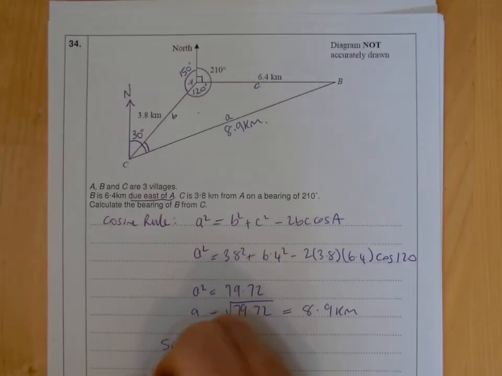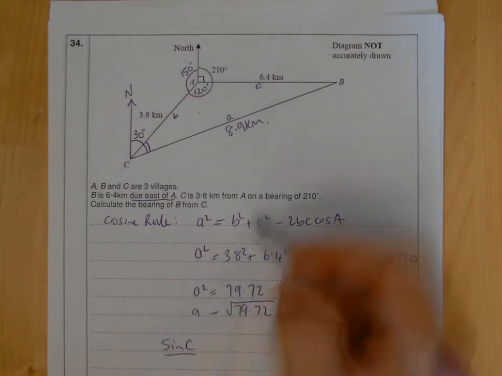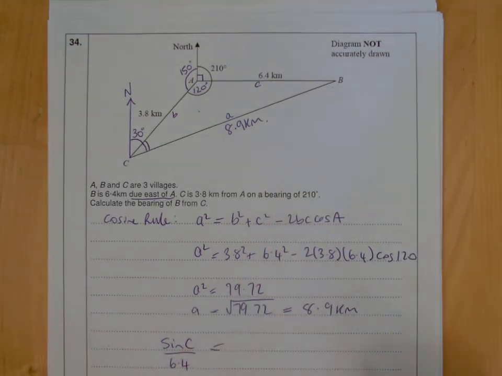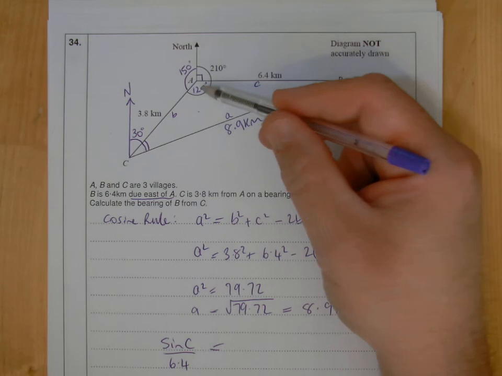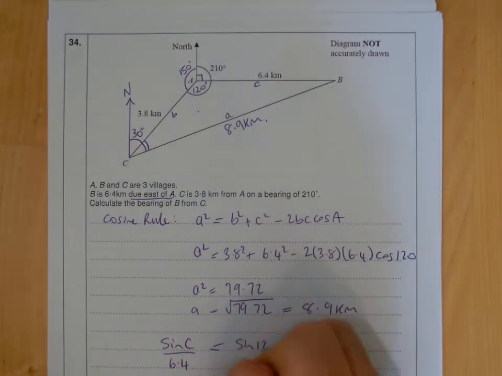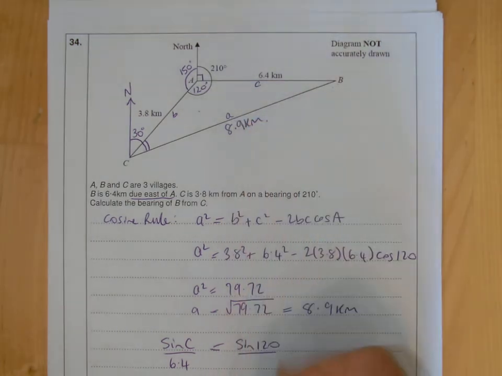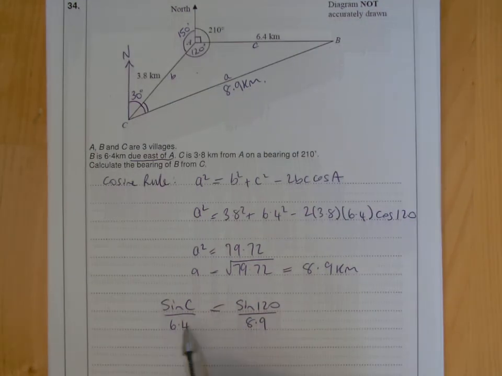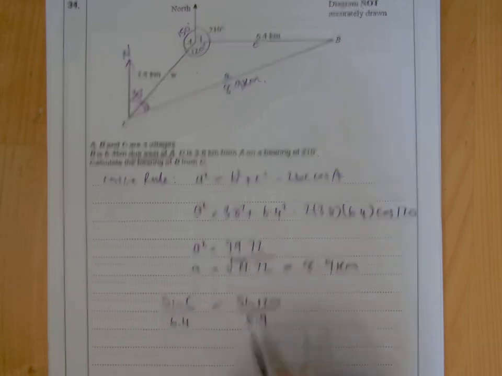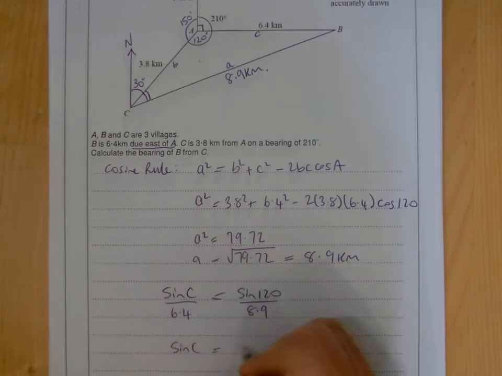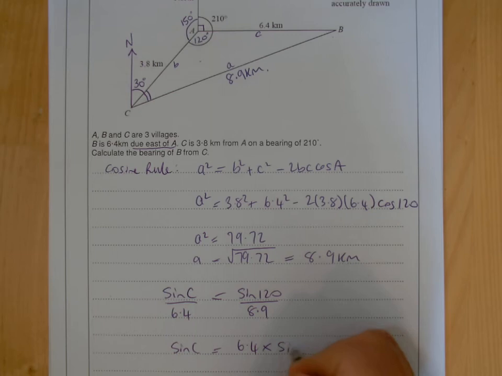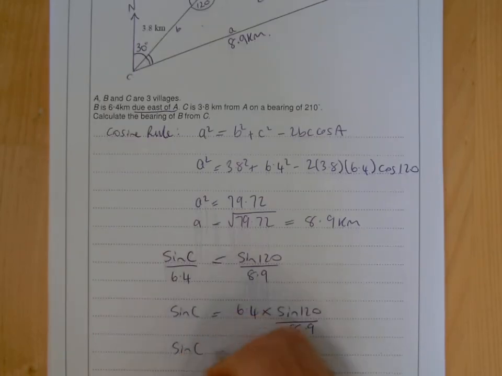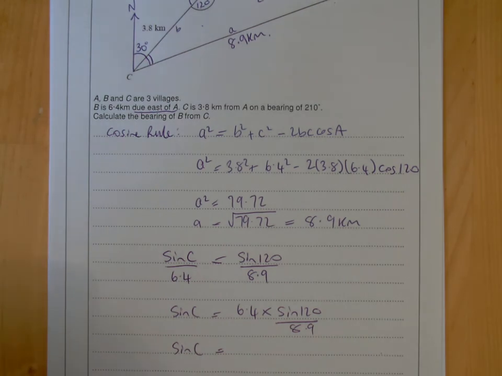So we're going to say sine C over little c, which is 6.4, equal to the pair that you know: sine A, which is sine 120, over the opposite side, which is 8.9. To get sine C, you've got to take this 6.4 over the other side. So sine C is 6.4 times this. So sine C will equal all that. Let's type that in.